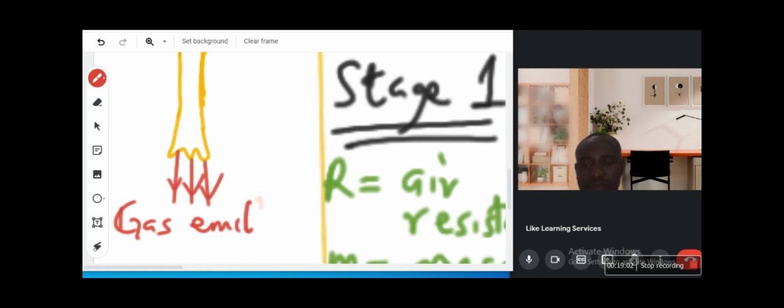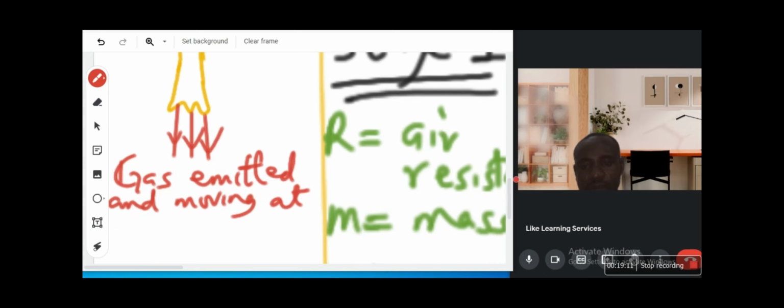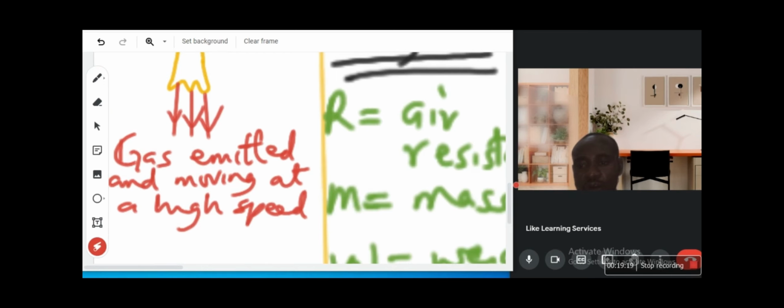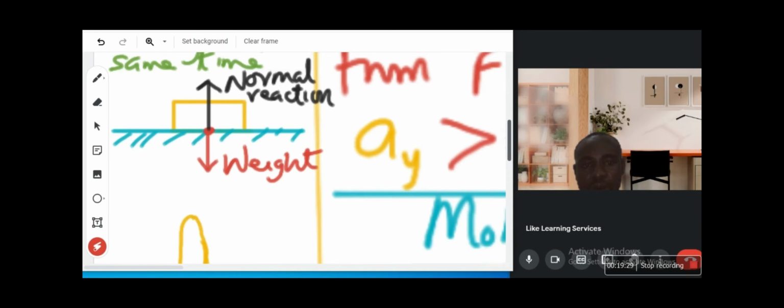these are gases emitted and moving at a high speed. So the force of this gas, which is being emitted and moving at a high speed, going in this direction, for instance, downward, will produce an equal but opposite reaction.